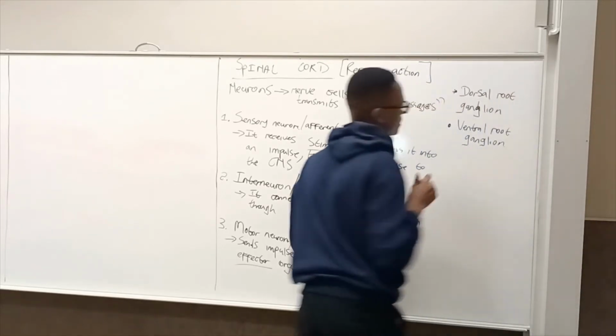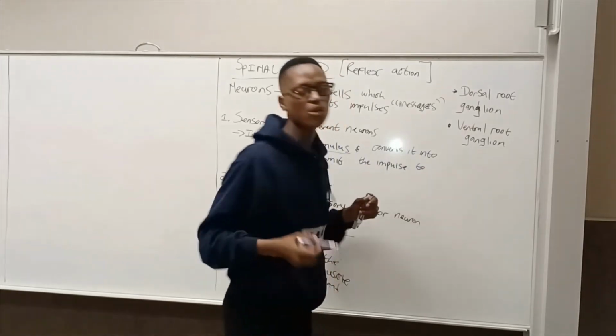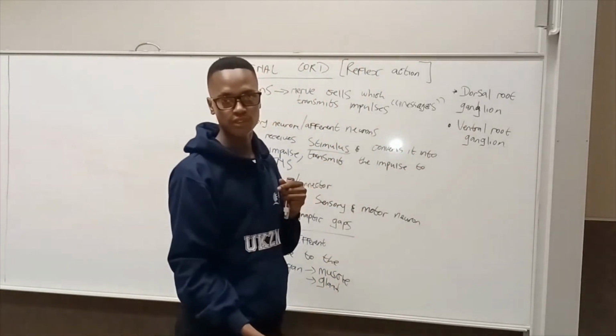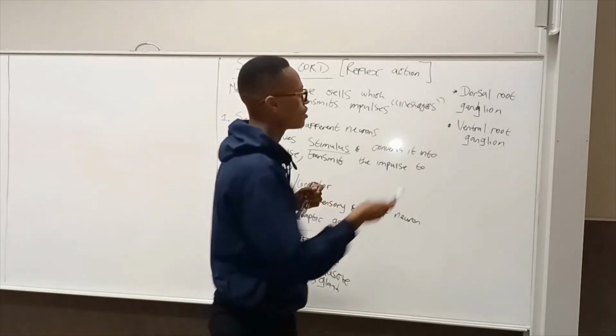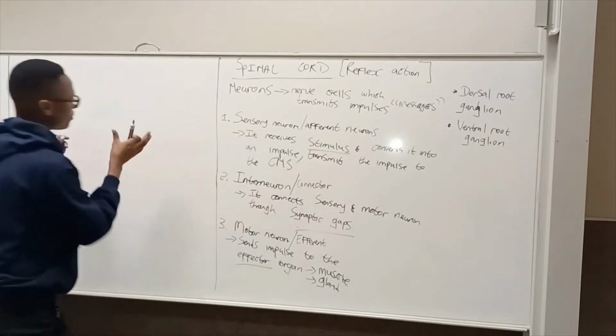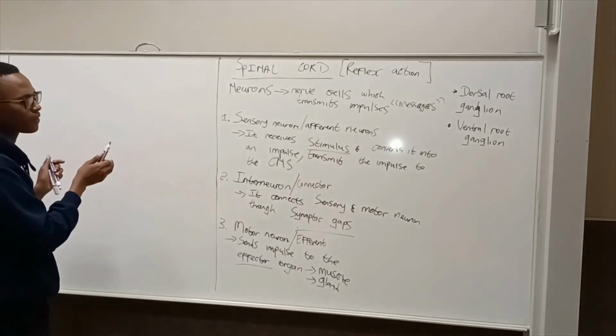So these two parts, the dorsal root and the ventral root: in biology, dorsal means at the top, ventral means below. These are Latin terms. So you see how the dorsal root ganglion and the ventral root ganglion fit in the spinal cord.